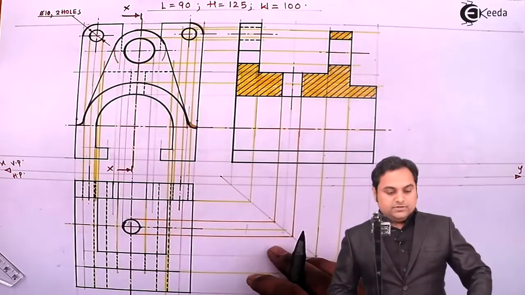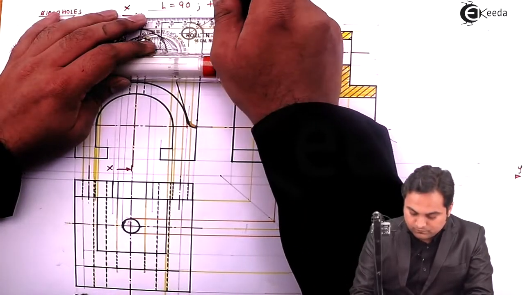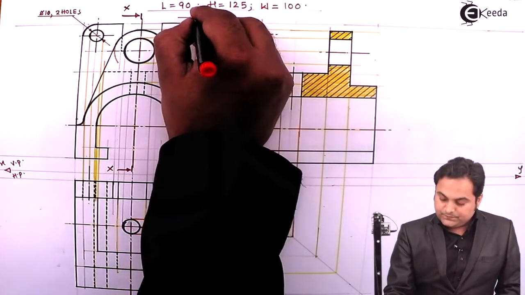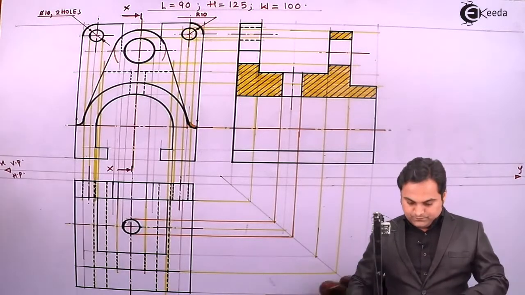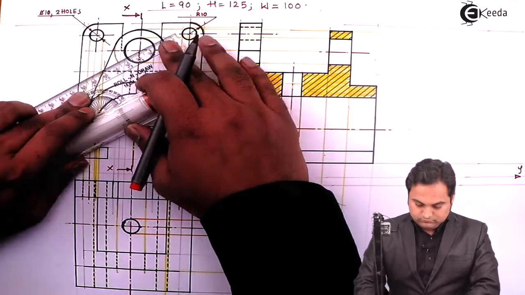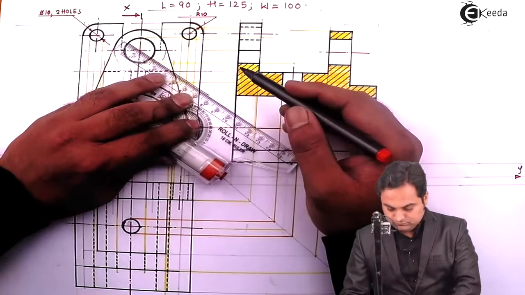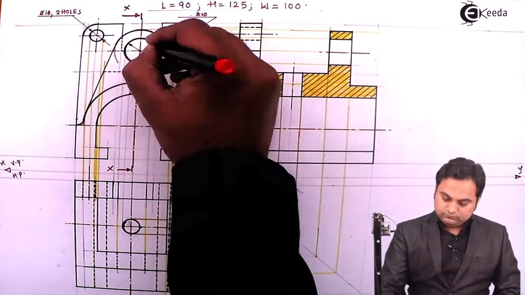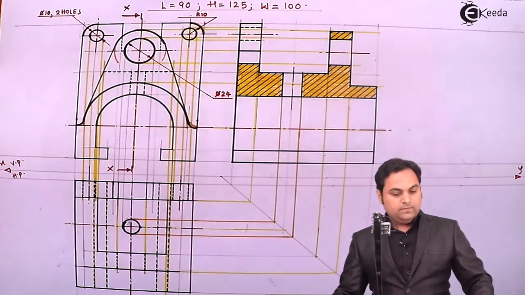Diameter 10, 2 holes. Then the radius is of 10 mm, which is the external radius for the quarter circle. Next, diameter is 24 for this circle.